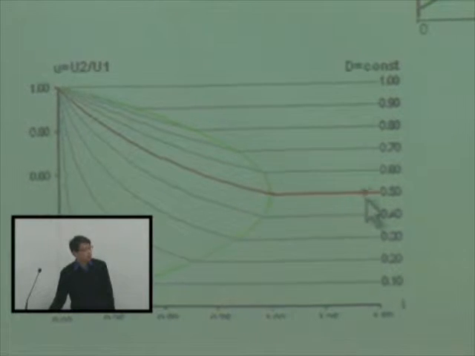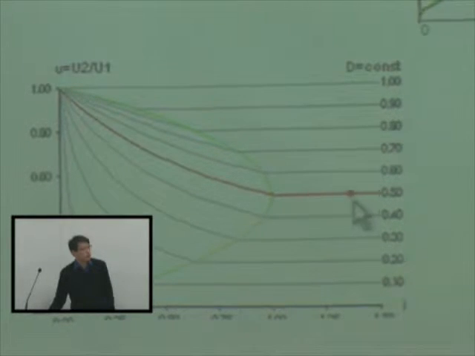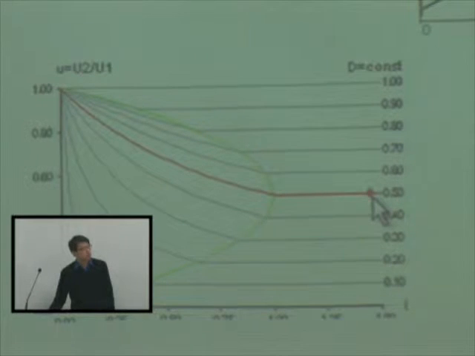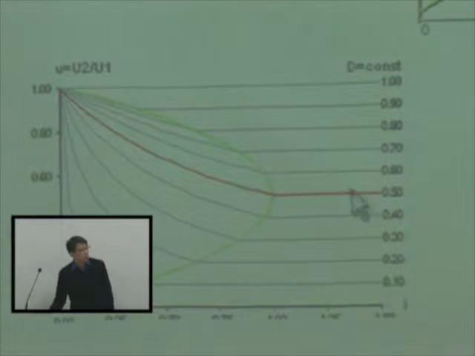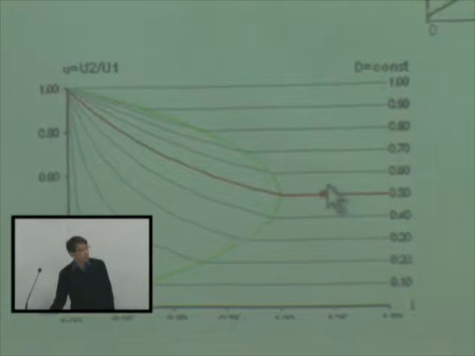Now here, if I move this red dot to the left side, what's happening is I decrease the load current. Now let's stay in the continuous mode. If I change this, what's happening here?